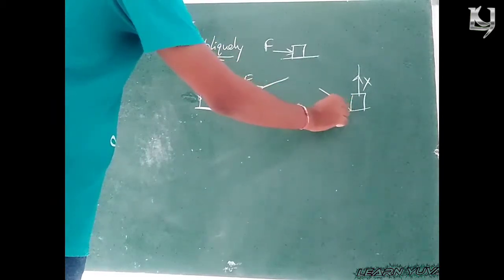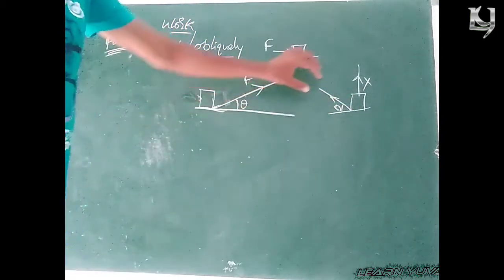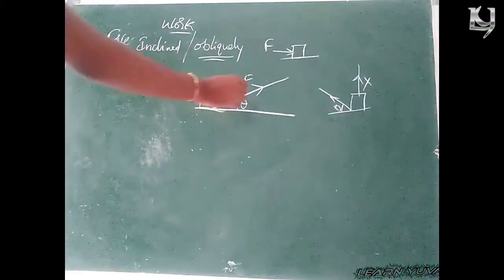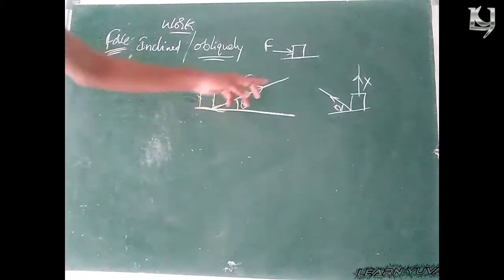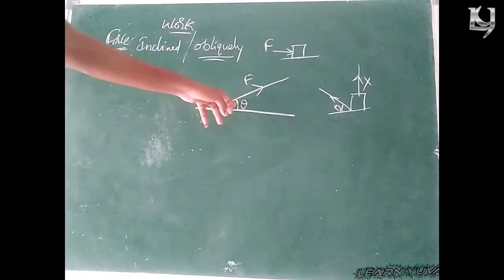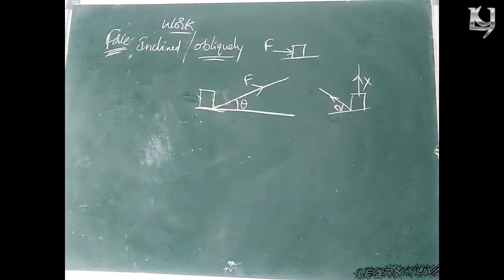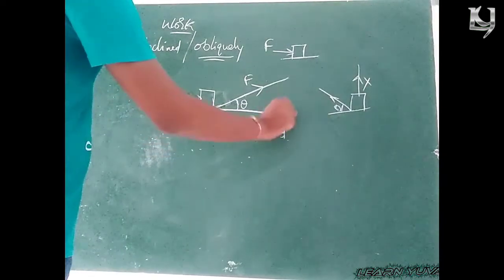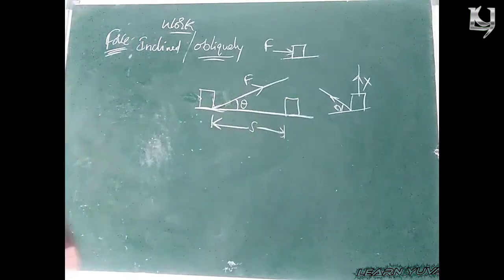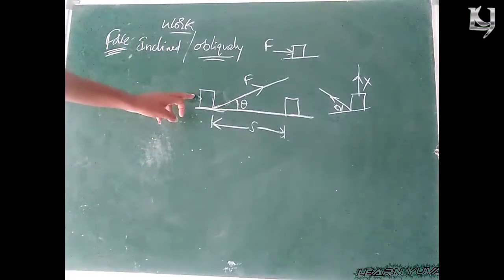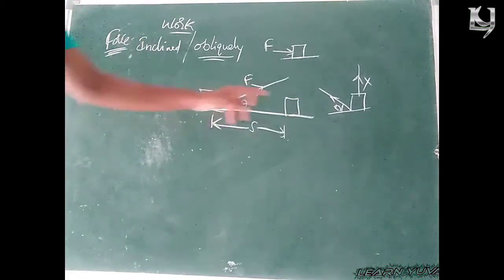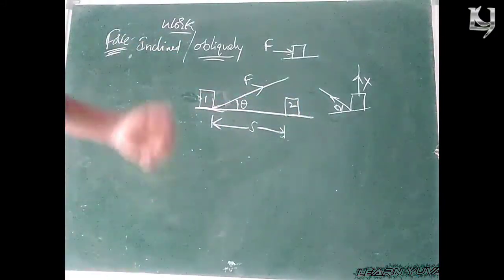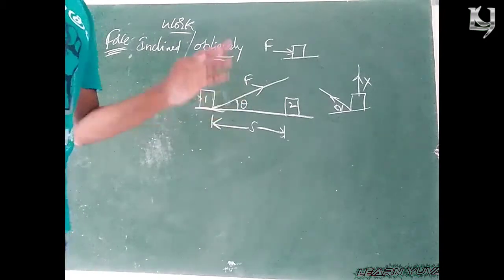That angle is between the force with which we are pulling and the surface. So the body is pulled from here to here. When we apply some force on the object, it changes its position from the starting position to the final position. So we are applying the force with an angle theta.